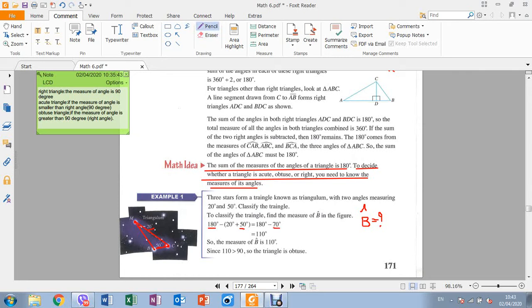At first we add these 2 angles, then we subtract it from 180, because 180 is the measure of all the angles.